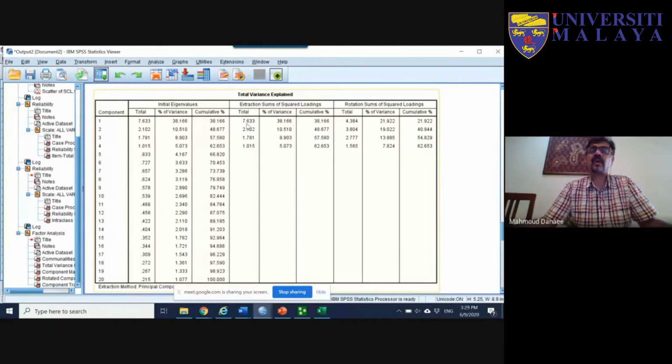The first component is the most important in terms of explaining the variance, followed by the second, third, and fourth components. This is the percentage of variance explained by each component, 38, 10, 8, and 5. And this is the cumulative percentage of the explained variance.